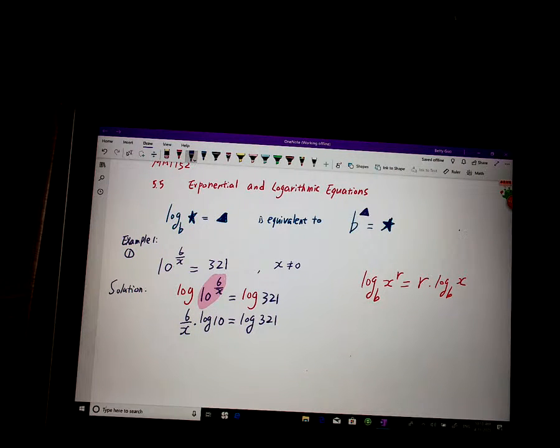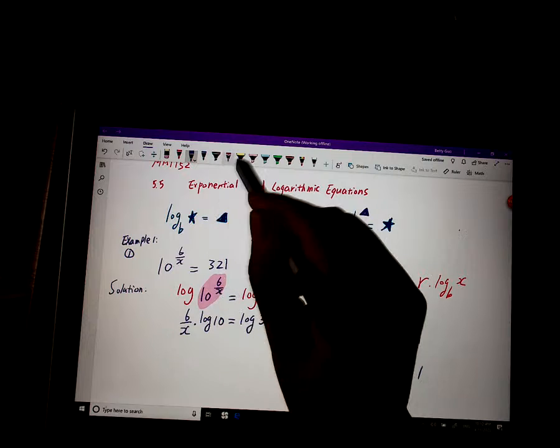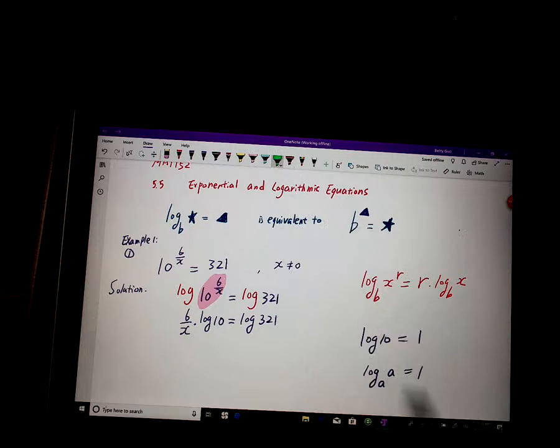Question, what is log of 10? 1. If we have a logarithm where the base and the antilogarithm are identical, then the value of the logarithm equals 1. Please remember this fact as a formula.